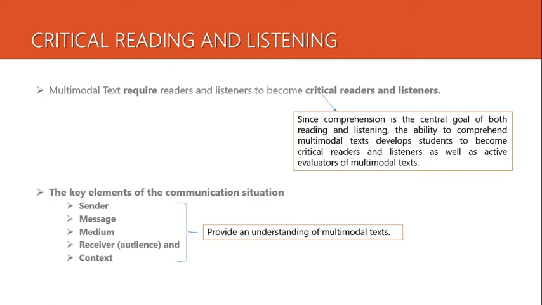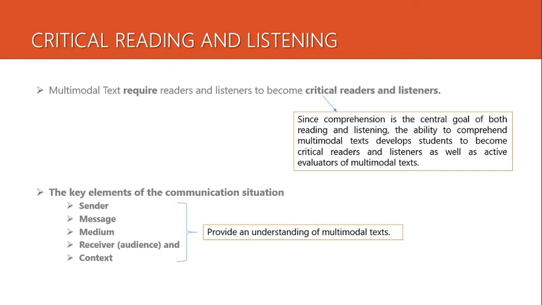So, the ticket to becoming a good evaluator of a certain multimodal text is that you must be a critical reader and a good listener. And to become a critical reader and listener, there are key elements to consider in the communication situation. Of course, we know this.